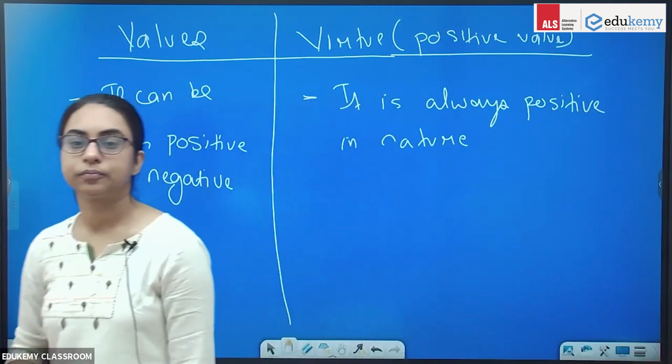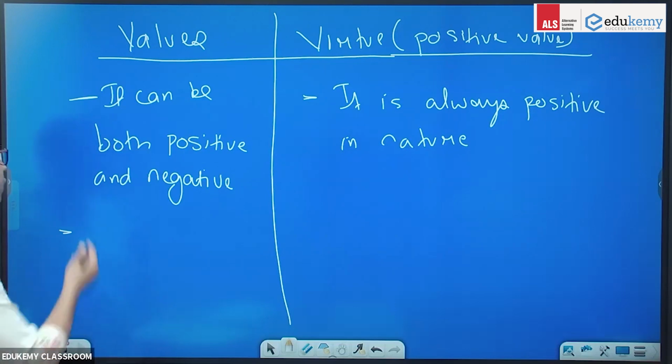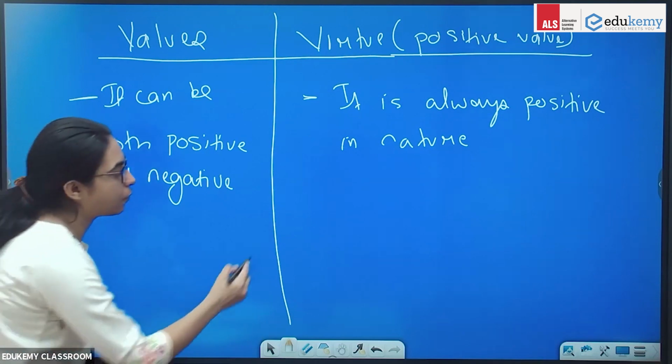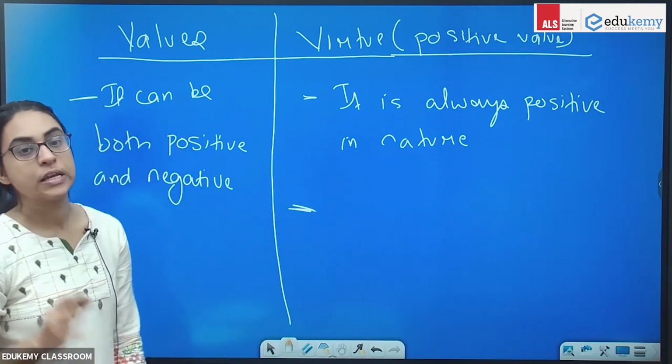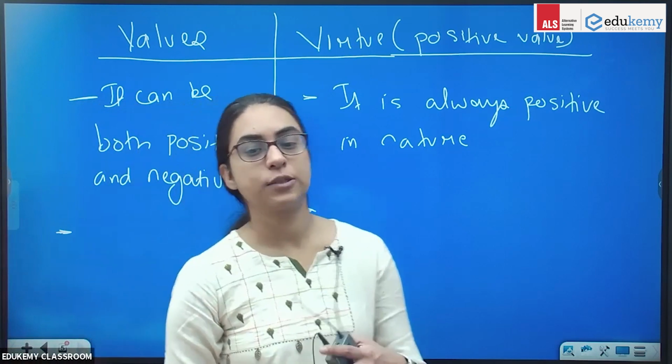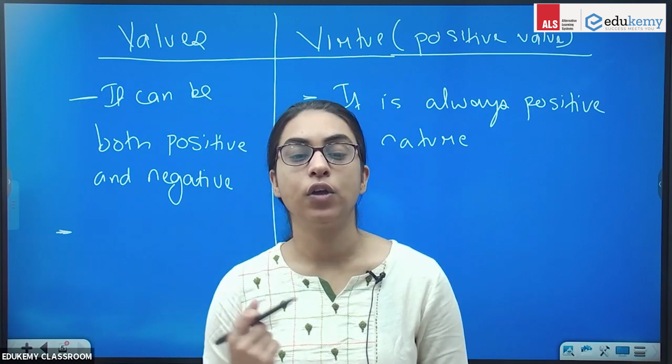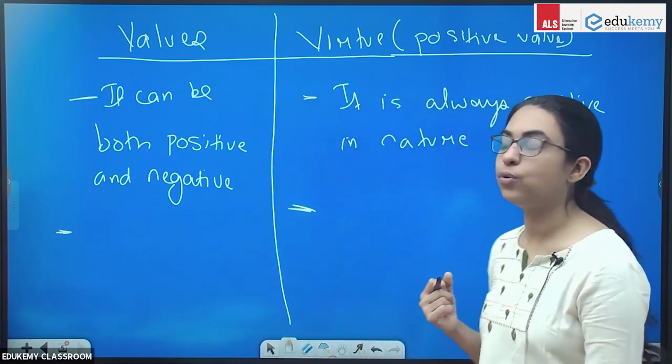Okay? Example of value: you can have positive values. What are positive values? First start with virtues. See, in the ethics paper, if you have to score more marks, what do you have to write?